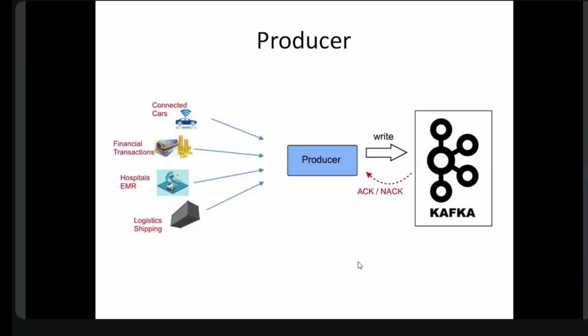You can see there is one arrow, and on top of that arrow we have written write, and at the bottom we have ACK. ACK means acknowledgement. Whenever the producer sends data to Kafka, it can get the acknowledgement also. But it is not compulsory.